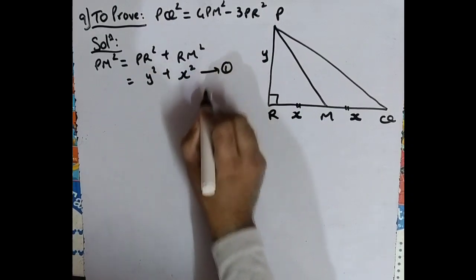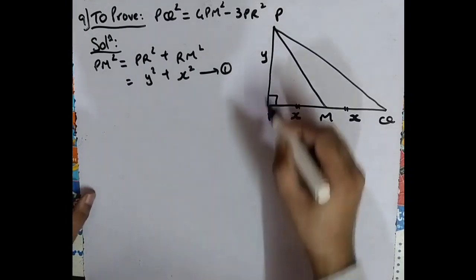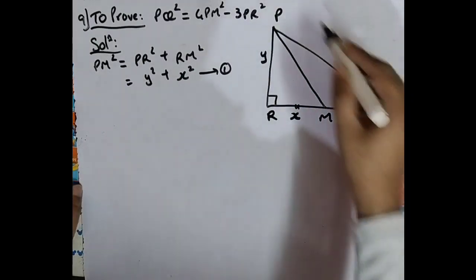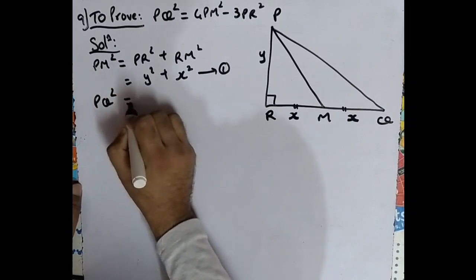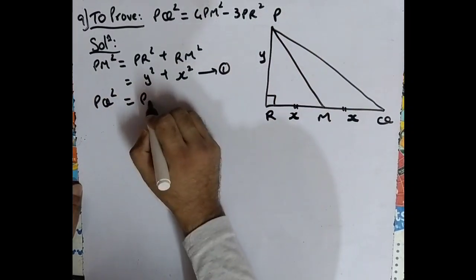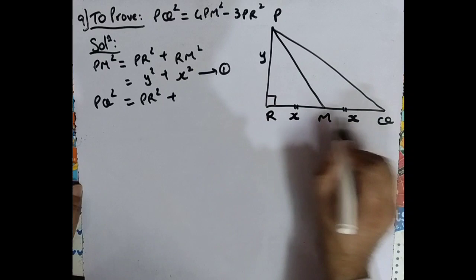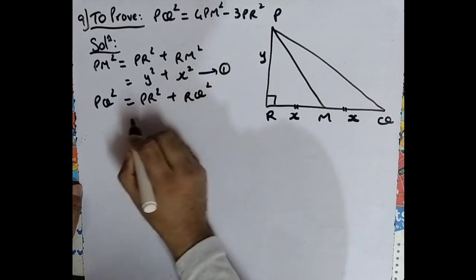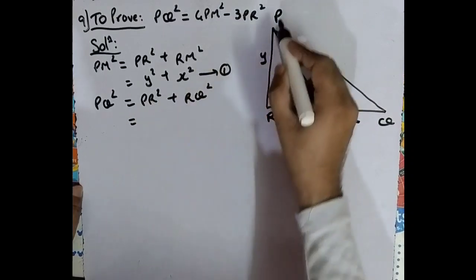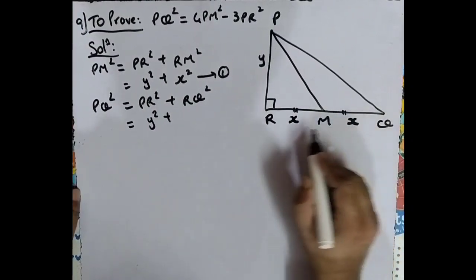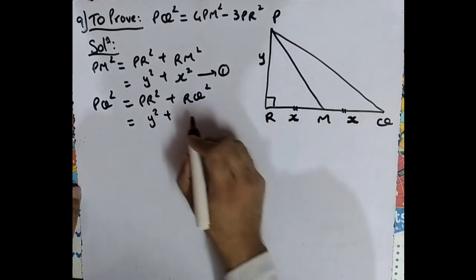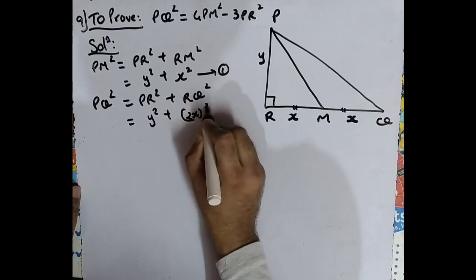Statement number 1. Now in right angle triangle PRQ, by Pythagoras theorem, PQ square is equal to PR square plus RQ square. In the place of PR will come Y. In the place of RQ is how much? 2X, X plus X, 2X, the whole square.